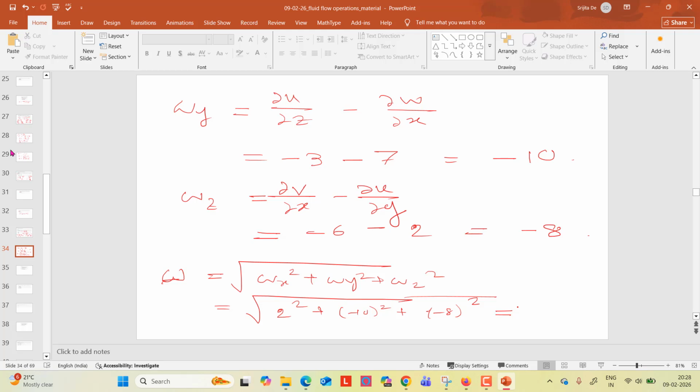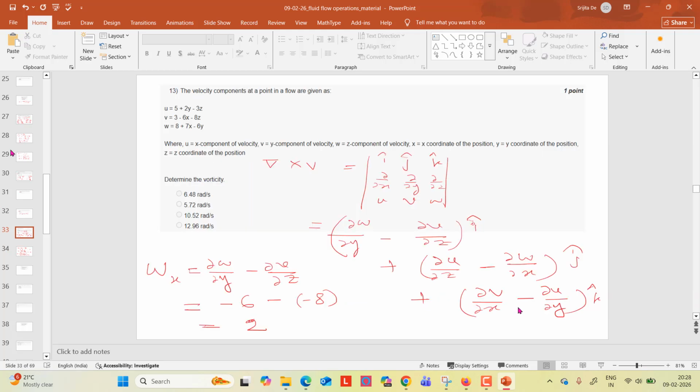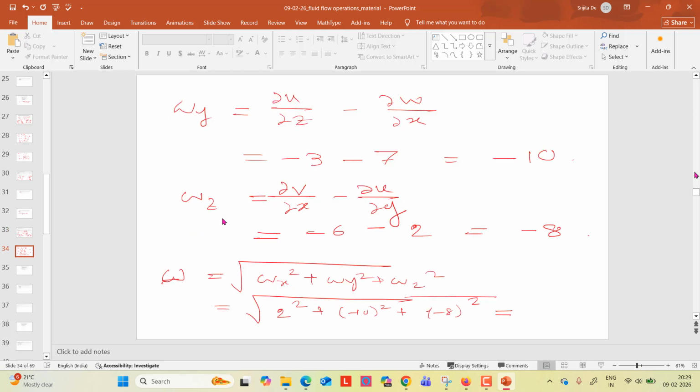So the answer is there? 12.96, yes. So it is option D. It is coming as 12.96 radian per second.